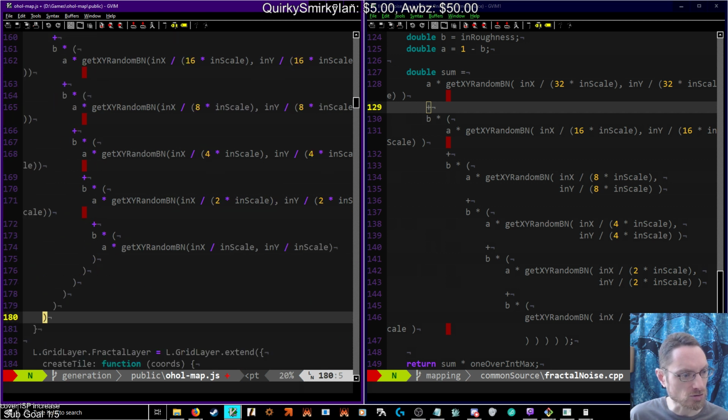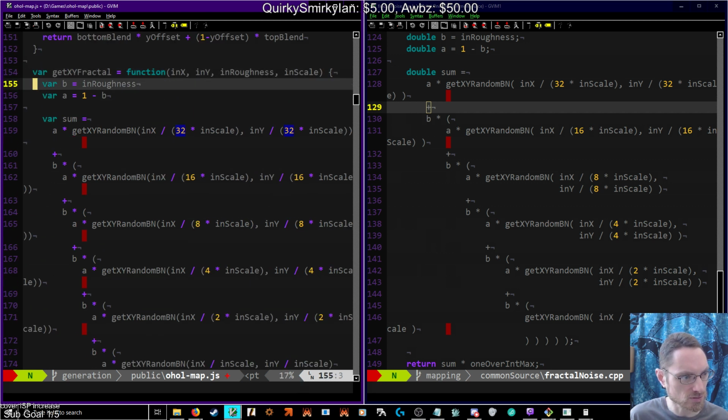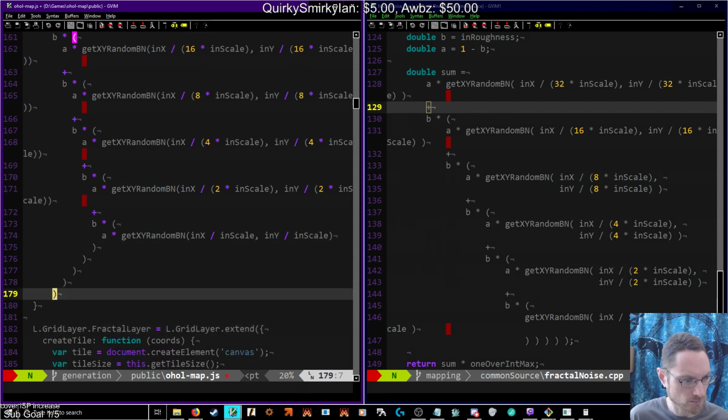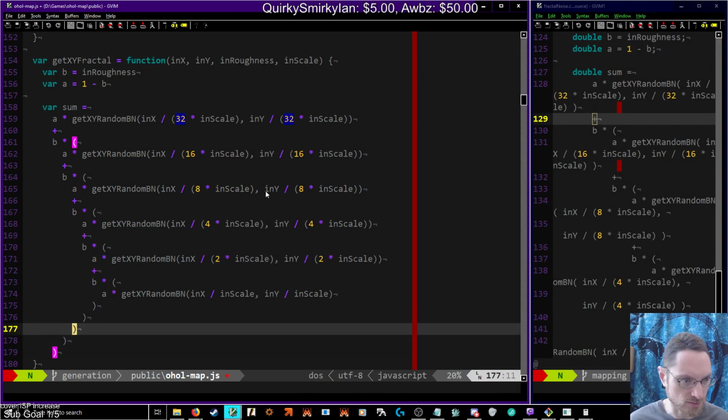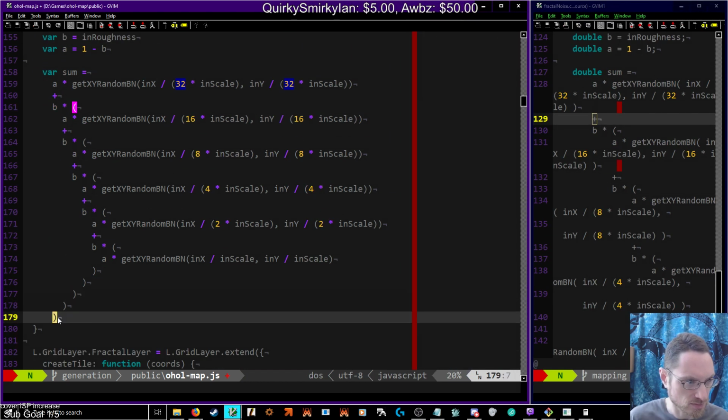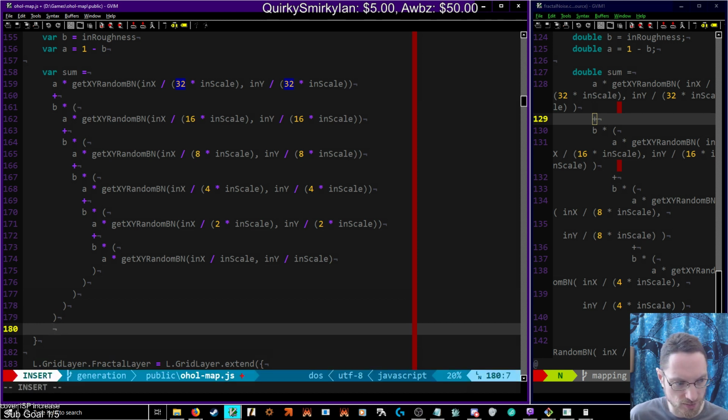Oh my gosh, this is too big to tell if I've got a matching brace. So I'll hop a little bit. Okay, so that looks like the last brace up there.